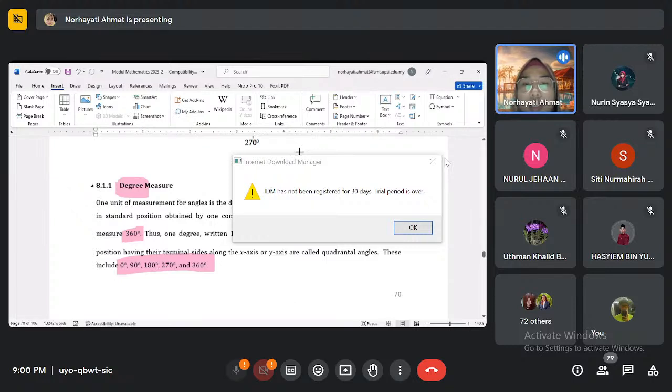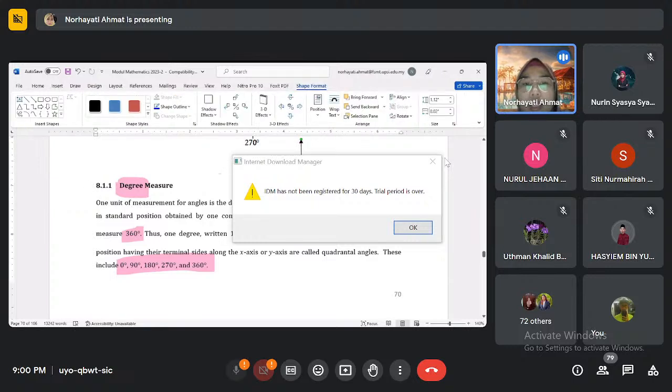So kat sini kita ada x-axis and we also have y-axis. Okay, so we know 0 degree is an angle that lies parallel to the x-axis, positive x-axis.